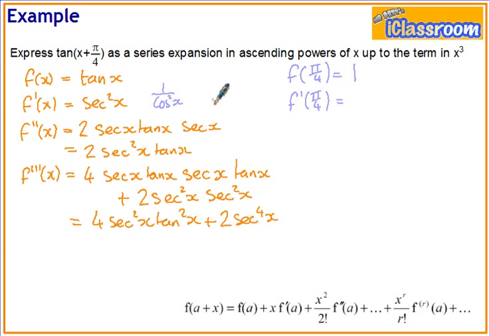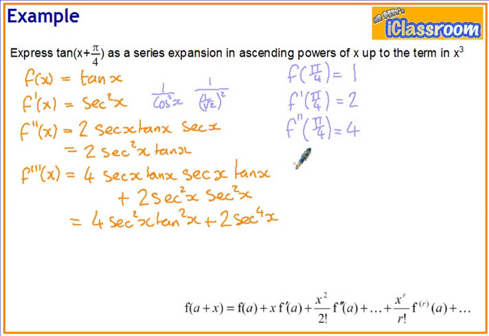Cosine evaluated at pi by 4 is 1 over root 2, so I end up with 1 over root 2 squared as my denominator, and sorting all of that out, I end up with 2. f double prime of x at pi by 4. Well, sec squared from my previous one was 2, tan is 1, so I got 2 times 2, which is 4, times 1 gives me 4.